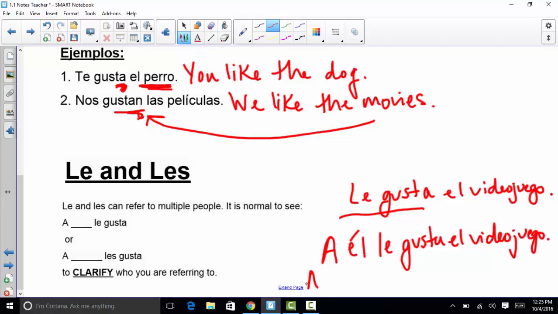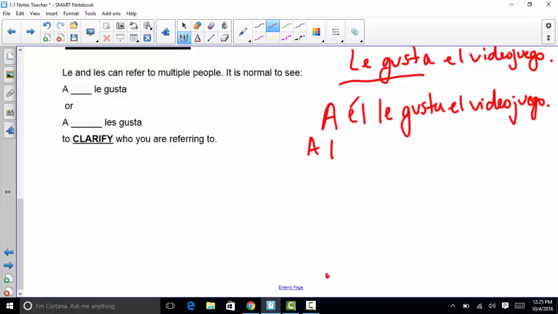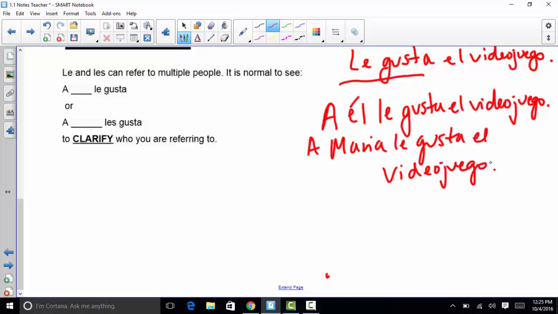I could give a name, like a Maria le gusta el videojuego. That would be Maria likes the video game. But I'm being specific by adding this clarifier at the beginning of a sentence. Okay, so if you want to be specific about who is doing the liking in the sentence, you have to have this a él or a and a name, depending on what your subject is.